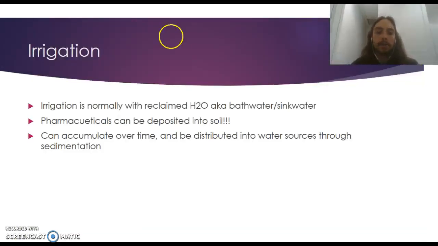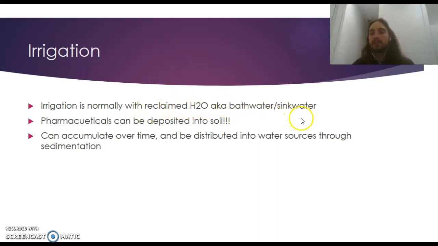So another agricultural practice is irrigation. Irrigation is normally with reclaimed water, aka bath water and sink water. And so there's a big thing from the government basically that said don't flush your pills down the sink. The reason why is because we use this irrigation to basically water our crops.